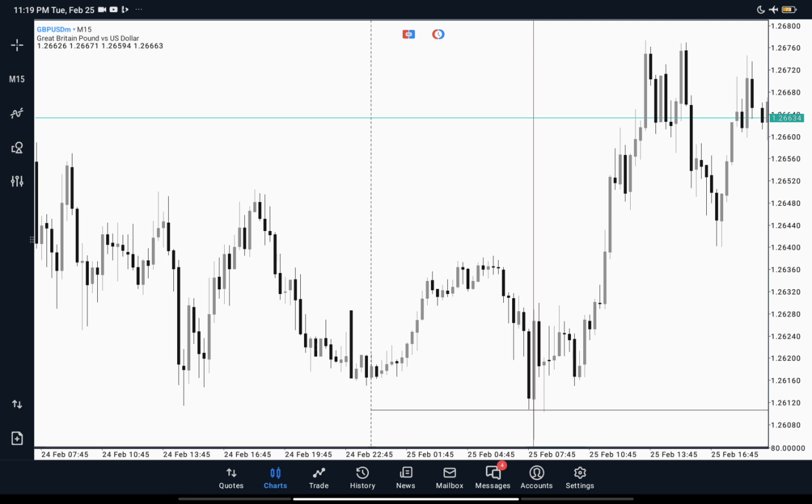Order flow is simply data that shows the flow of orders in a particular market at a particular period of time. It's showing if we have more buyers compared to sellers, or more sellers compared to buyers. You know the market works with contracts. If there's a news, for example, that news will not move the market except there are contracts in the market that are willing to buy and willing to sell.